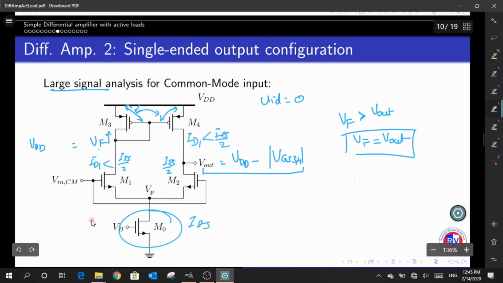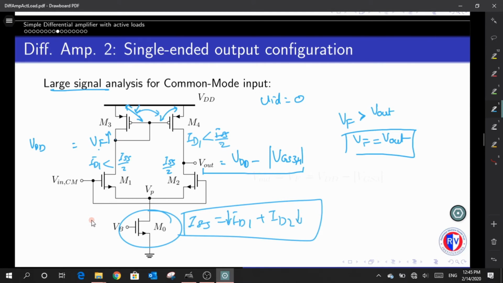But when I try to add both these currents, which are all smaller, can that happen? No. Just because the summation of both these currents, ID1 plus ID2, has to satisfy this constraint. Now, if this has been reduced, even the current through ID2 also gets reduced automatically, just because of the mirroring structure. So you could sense that I have to have a condition where my VF has to be equal to my Vout.